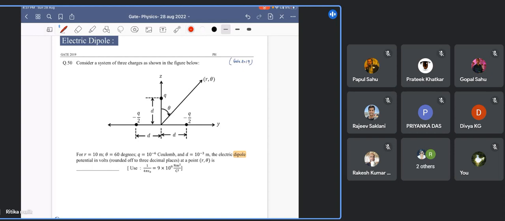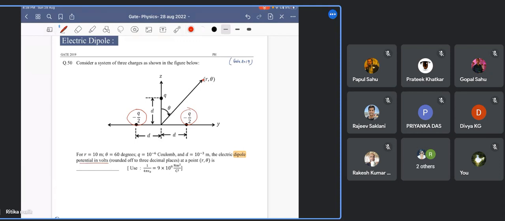So this is a question that came in the GATE 2019 exam. Consider a system of three charges: minus q by 2, minus q by 2, and q. We have to find the electric dipole potential in volts at any point r, theta.